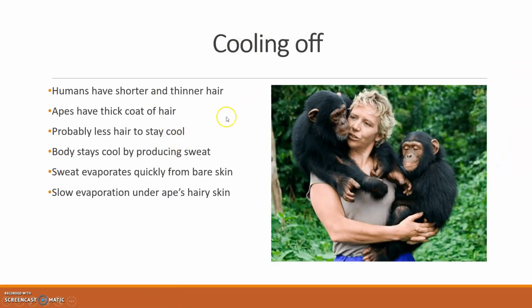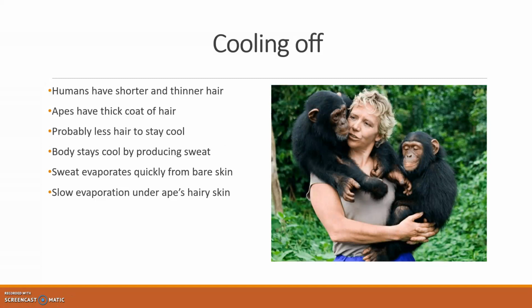Cooling off. Now, one possible reason that we have less hair is probably because of the need to stay cool. For humans, we have shorter and thinner hair, and apes have a thick coat of hair. For the body to stay cool, the body produces sweat, and the sweat has to evaporate from our skin.